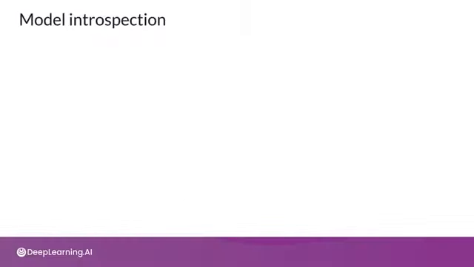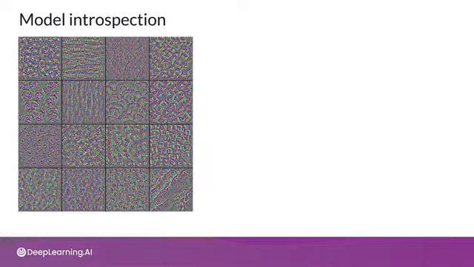In model introspection, the goals change completely. You're not just interested in the model's final results, you're also interested in the details of each layer. On the left side, we have the maximally activated patches of the various filters in the convolutional layers of the model. This is a CNN, when we run through a series of images belonging to a particular class.